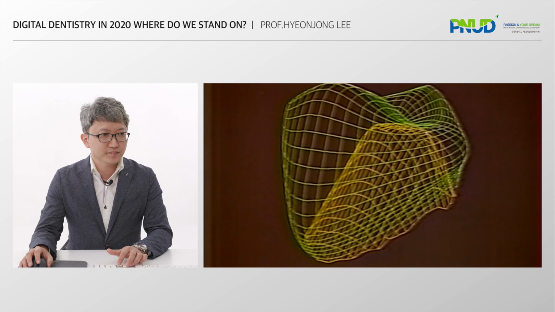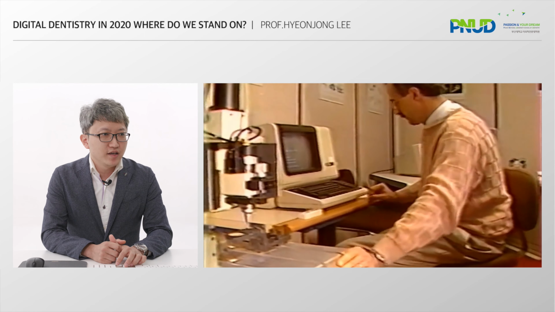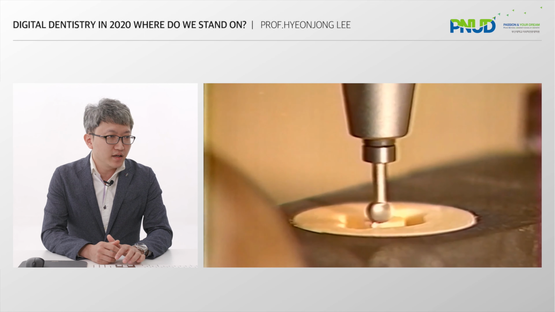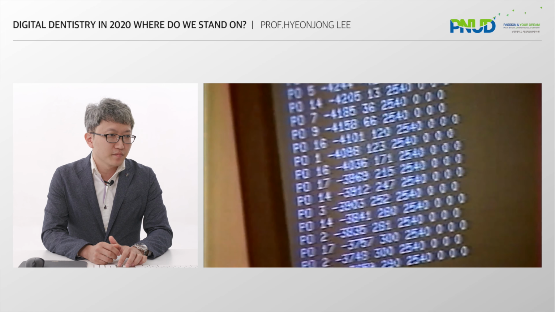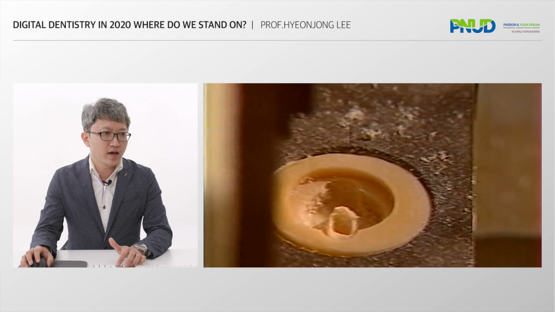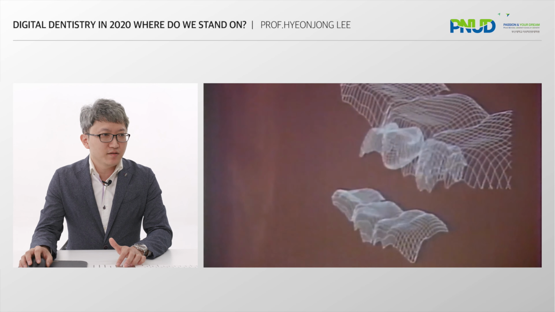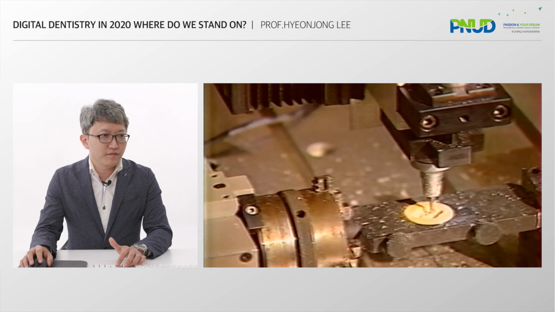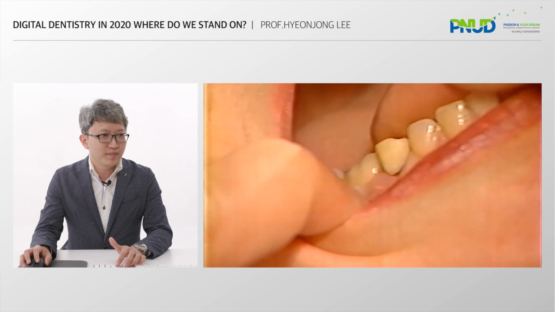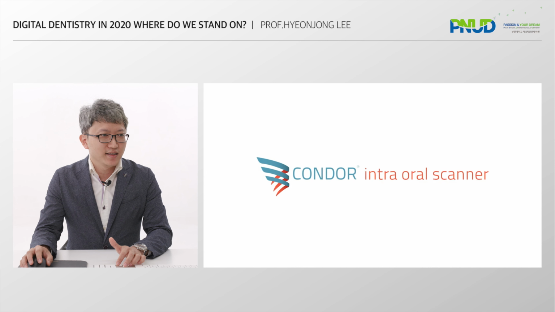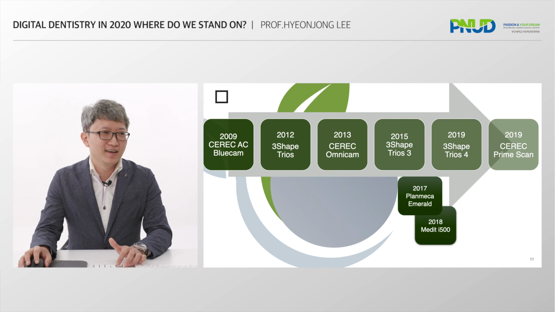François Duret made a provisional crown using PMMA, and in this movie it fits well, but actually he said it doesn't fit at all.